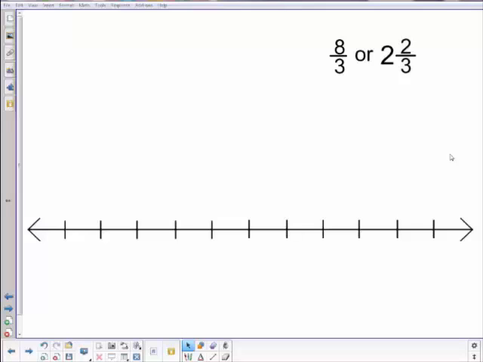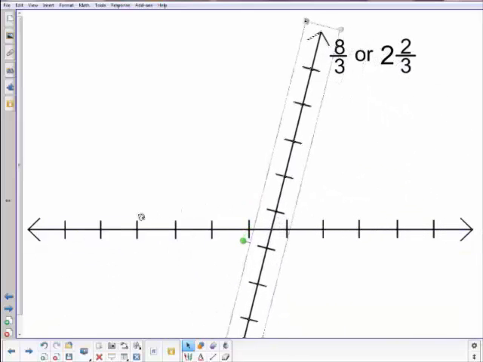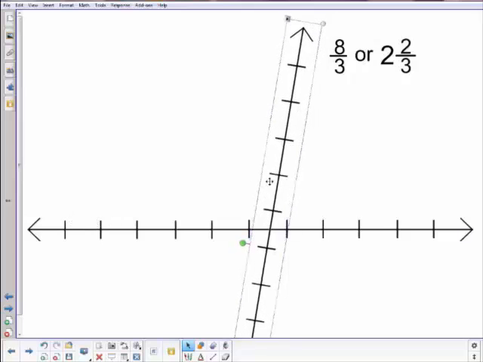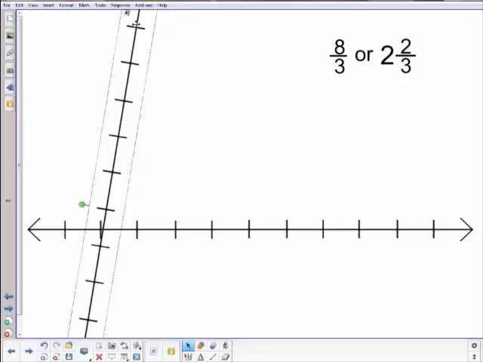To help us out with this instruction, we're going to need a number line which is perpendicular to this one. So I'm not going to do this by construction, but I'm instead going to clone this particular number line, and then take its clone and place it in a perpendicular position to our number line that's already here.